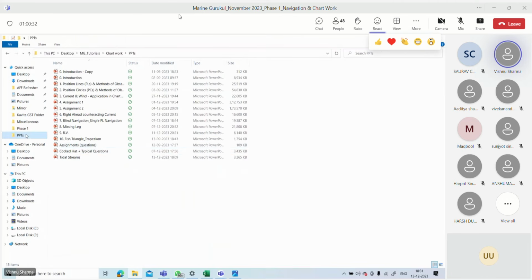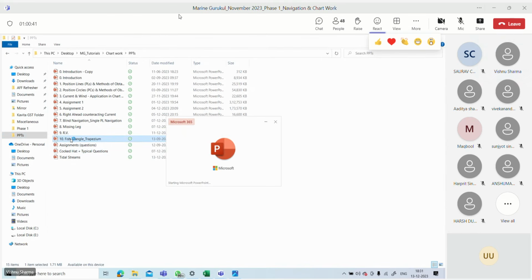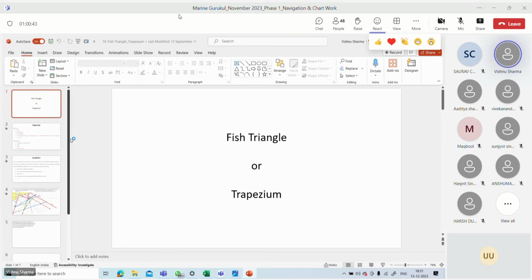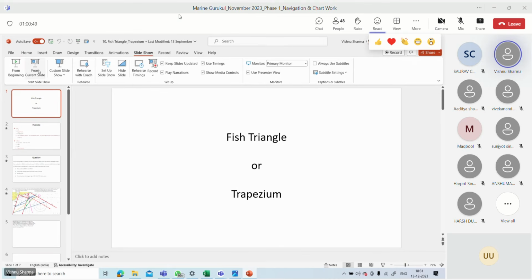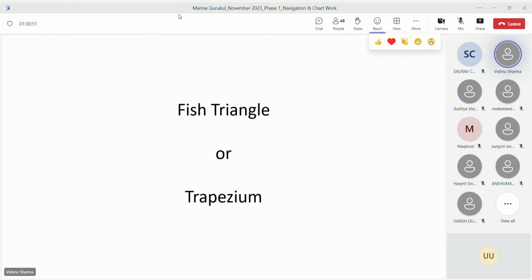We come to the last topic, the most stupid topic of chart work, honestly, beta, which nobody would have ever used, not even people of our generation would have used, and expecting you people to use it in the days of GPS is absolutely foolhardy when we did not use it, who were totally relying on celestial navigation.